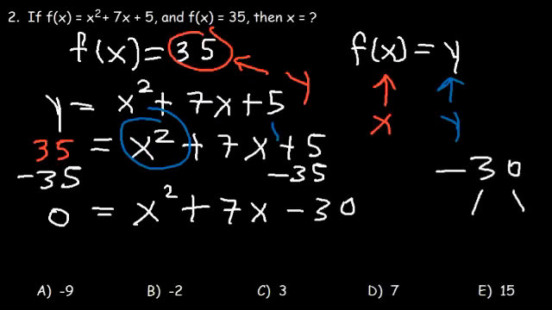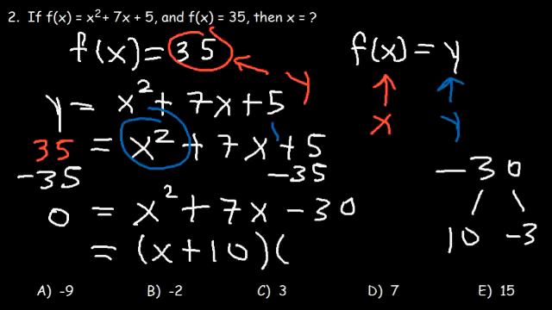What are two numbers that multiply to negative 30 but add to 7? The two numbers are positive 10 and negative 3. 10 plus negative 3 is positive 7, but 10 times negative 3 is negative 30. So in its factored form, it's going to be x plus 10 times x minus 3.